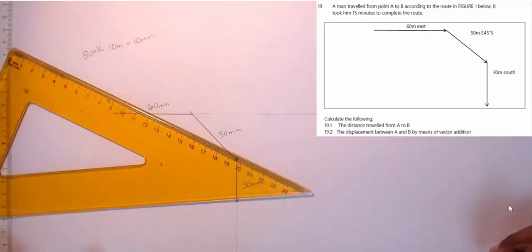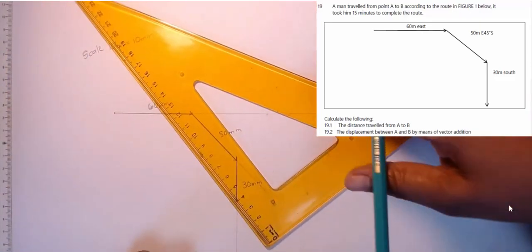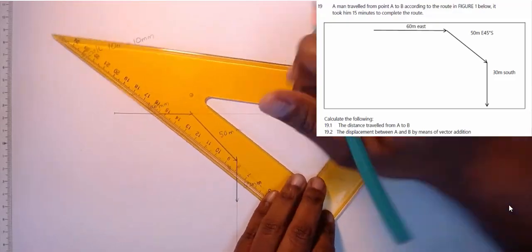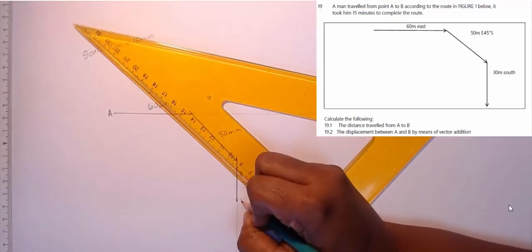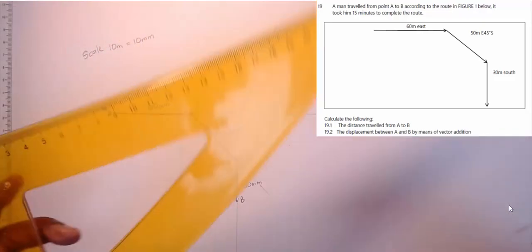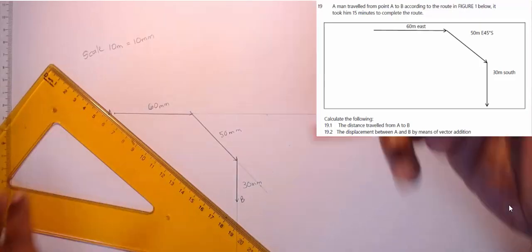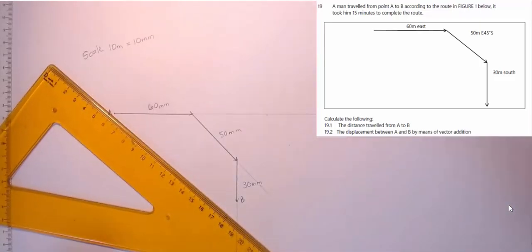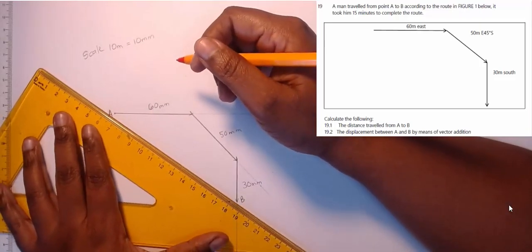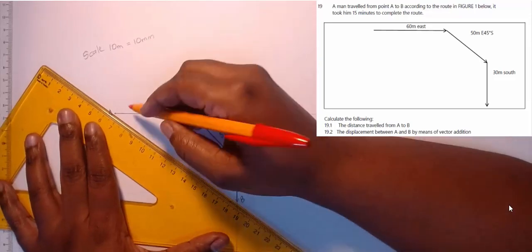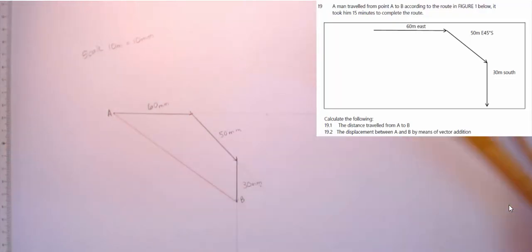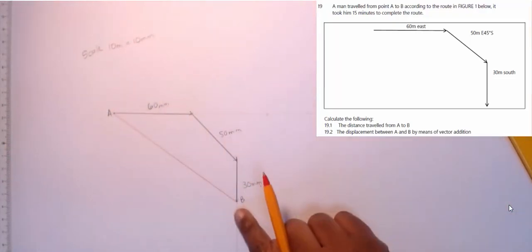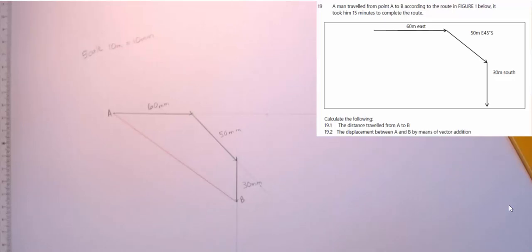Then, what are we looking for? This was our starting point. I will call this A. This is our end point, that is B. I'm using a different color, but you don't have to, just to show you which line we are looking for. So this line right here, where I'm using red, is what we are going to measure.